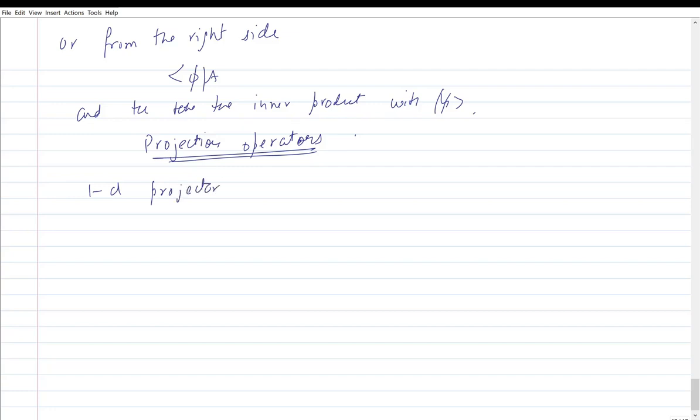By projection I mean I am projecting the vector into a particular subspace, whether it's a one-dimensional subspace or a two-dimensional subspace. But let's say the one-dimensional projector would be given by this matrix. Remember, it's an outer product, this is a matrix. If it is orthonormal, then I have the norm to be 1.